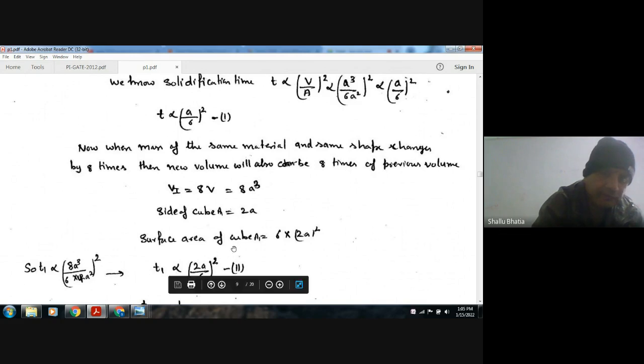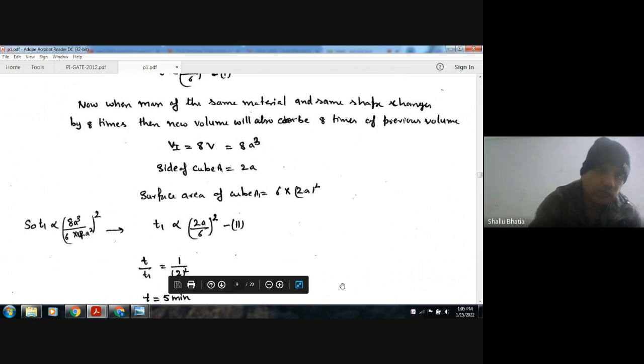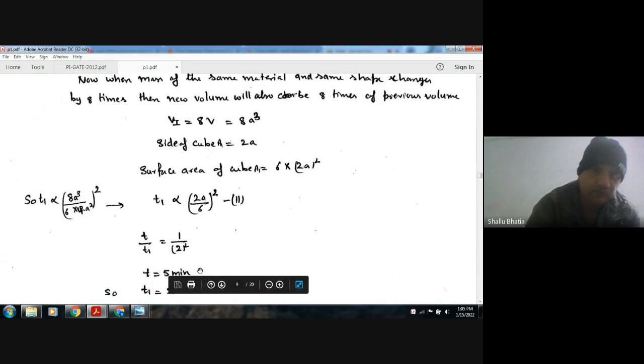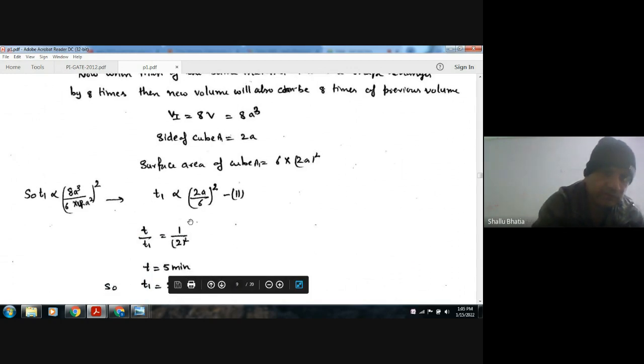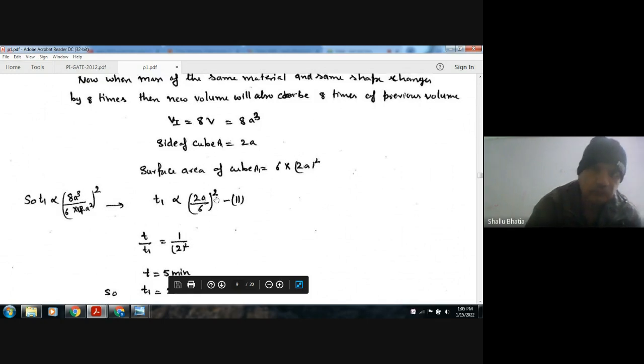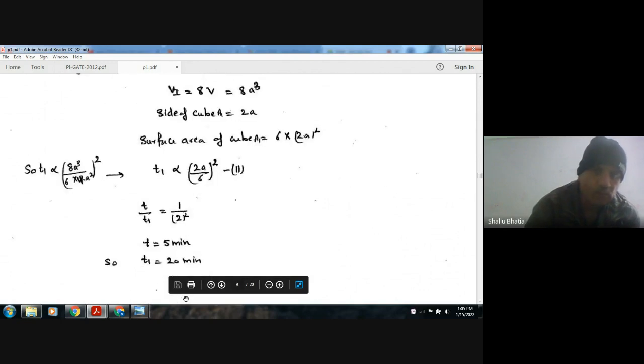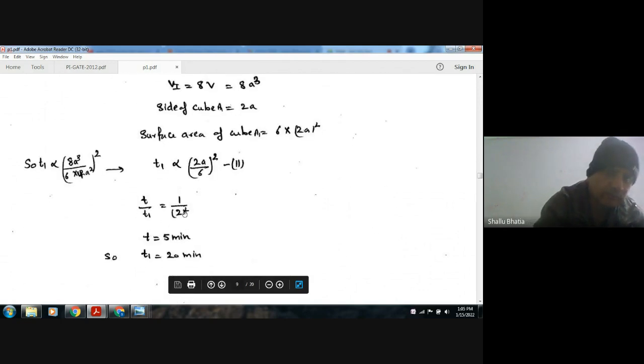The surface area of the cube will be 6 into side square, where the side is 2a. So now the new time, in a similar manner, with a replaced by 2a, T1 will be proportional to 2a square by 6. So T by T1 is equal to the ratio of these two, which is 1 by 2 square.